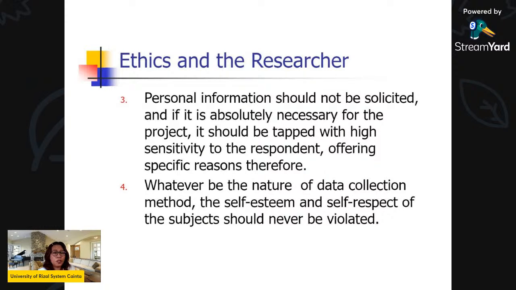Number 3, personal information should not be solicited. Meaning to say, some information na hindi natin kailangan i-record to respond. Like for example, cellphone number, buong pangalan, address, hindi natin siya pwedeng kunin. Ang pwede lang natin kunin is yung email address nila at yung ibang details na pwedeng maging optional in a particular respondent.